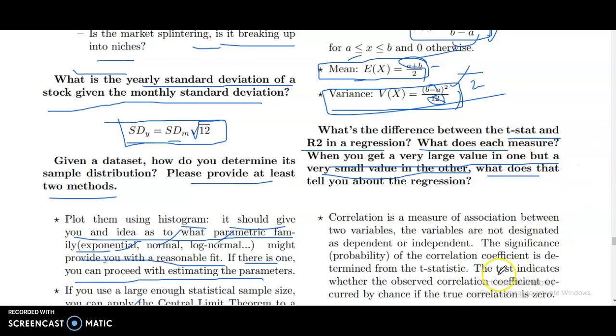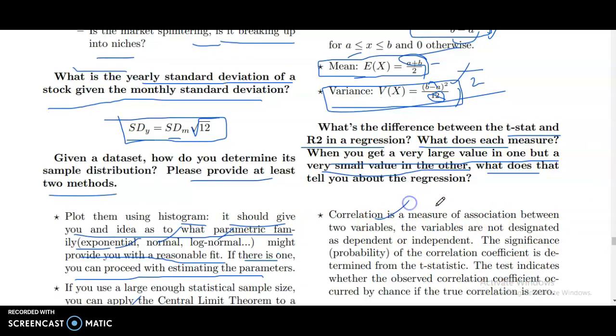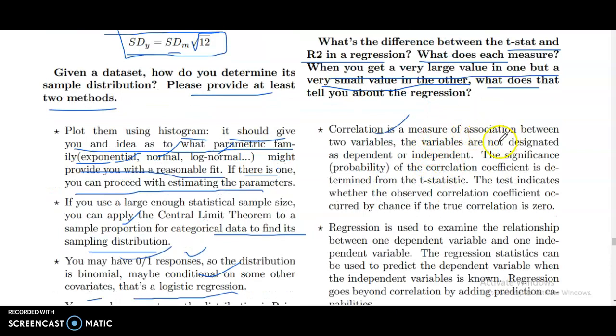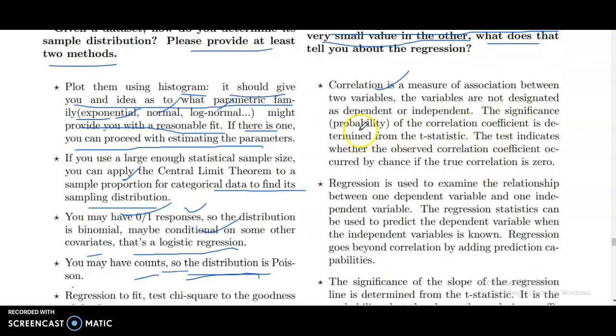Correlation is a measure of association between two variables. The variables are not designated as dependent or independent. The significance probability of the correlation coefficient is determined from the t statistic. The test indicates whether the observed correlation coefficient occurred by chance.